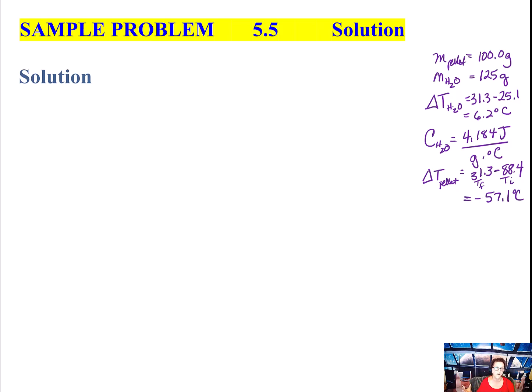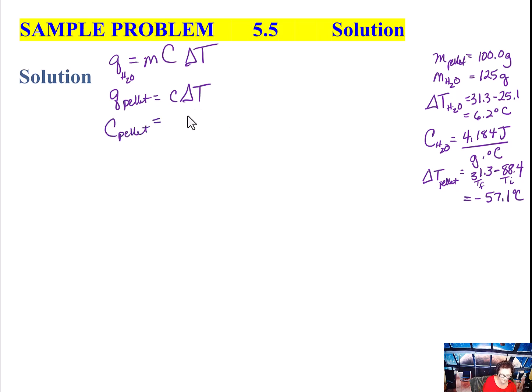So the equations that we're going to use are Q equals MC delta T, and that's for the water. And then the Q of the pellet is C delta T. So the C of the pellet, if I rearrange that, is equal to the Q of the pellet divided by delta T. Why did I do that?